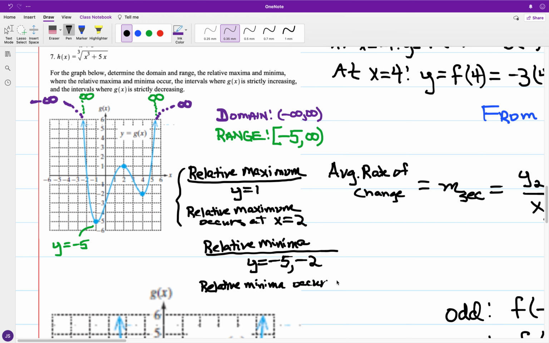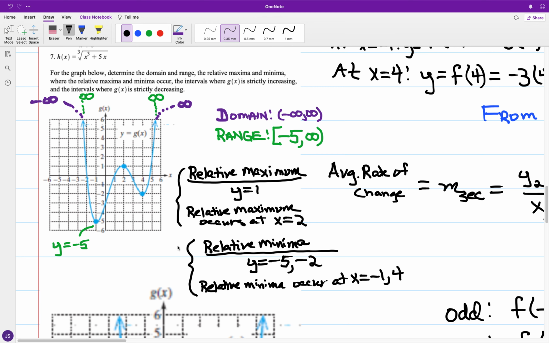Where the relative minima are going to occur, you're going to have x equal to -1, and the other relative minimum occurs at x equal to 4. That's how we got to y equal to -2. So for the relative minimum, you have x equal to -1 and also 4.